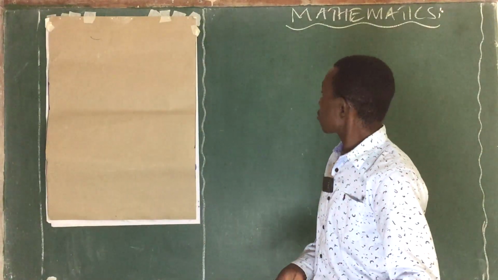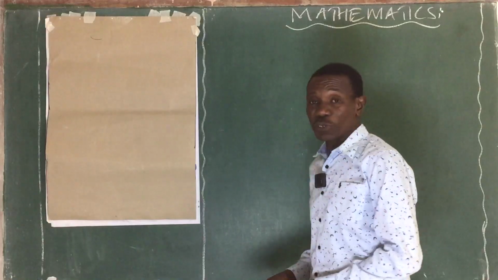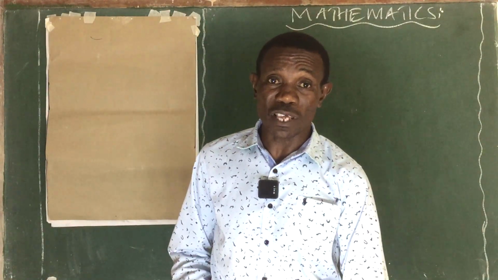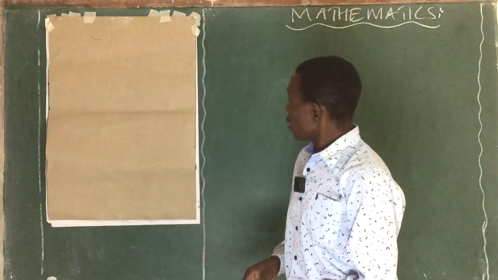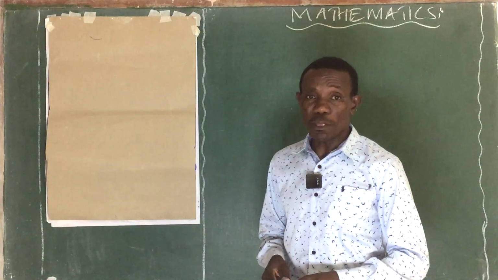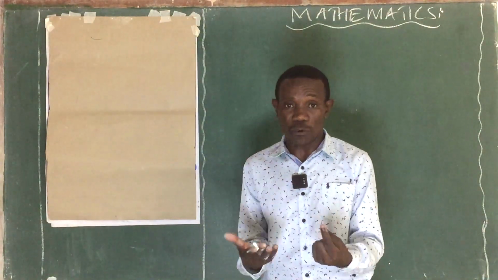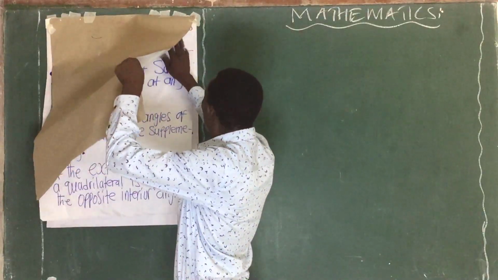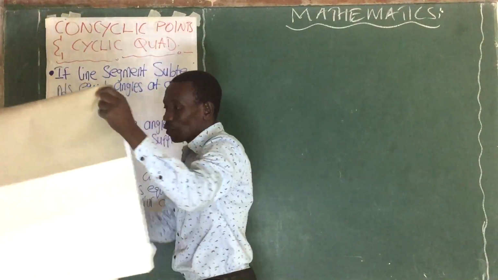We discussed three conditions that satisfy a quadrilateral being cyclic. If you are given any quadrilateral, you may be able to deduce that it is cyclic. We are looking at the three conditions, which are highlighted in my charts here.